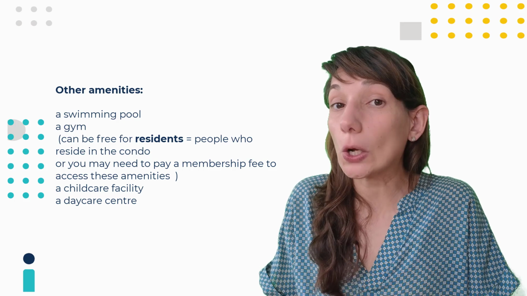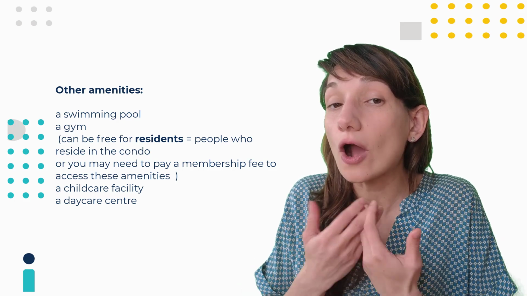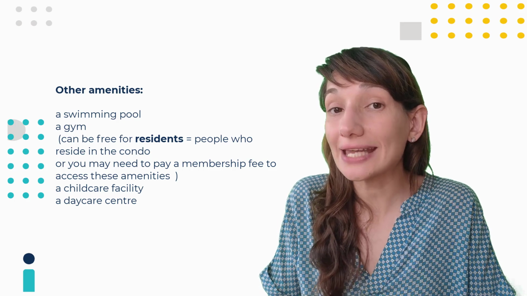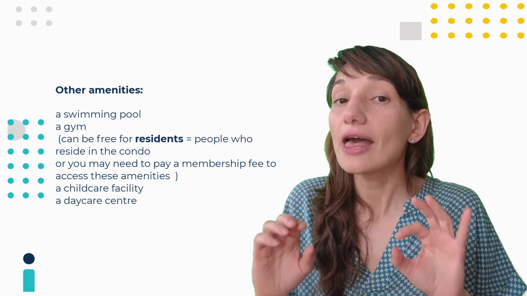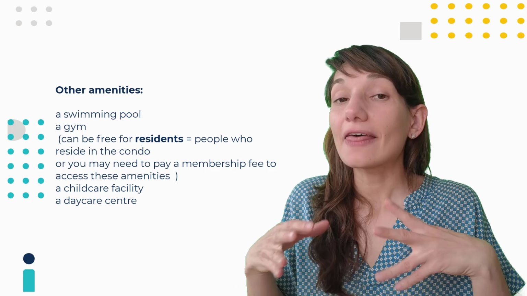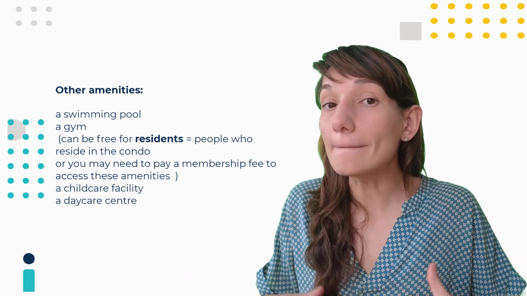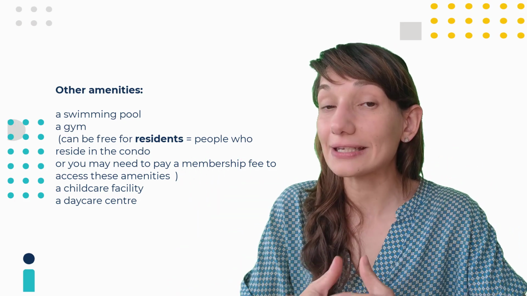Some amenities can also include a childcare facility or a childcare center or simply a childcare. So these are some of the amenities that condos or condominiums can offer to the residents.